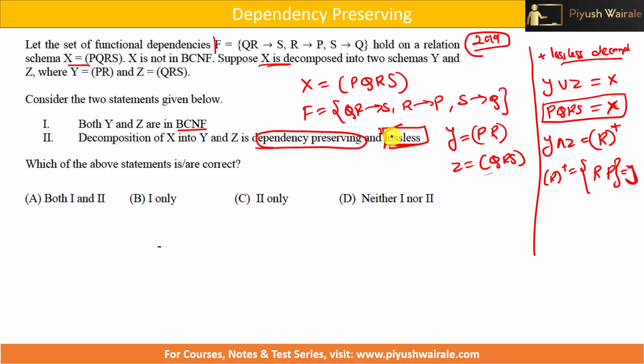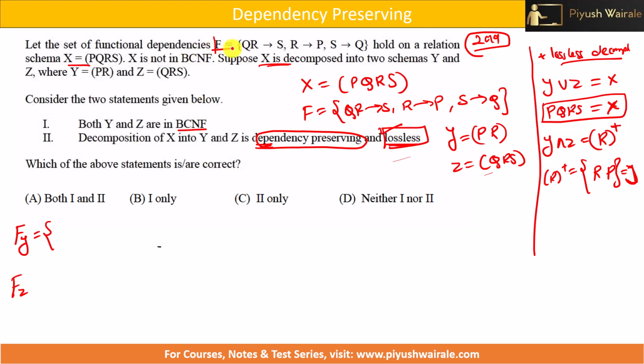This is fine. Now let's check for dependency preserving. Here we have Y equals PR and Z equals QRS. What are the functional dependencies applicable to Y and Z? Let's say FY and FZ.